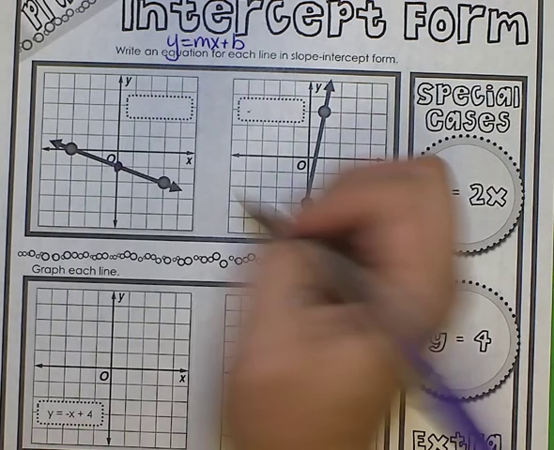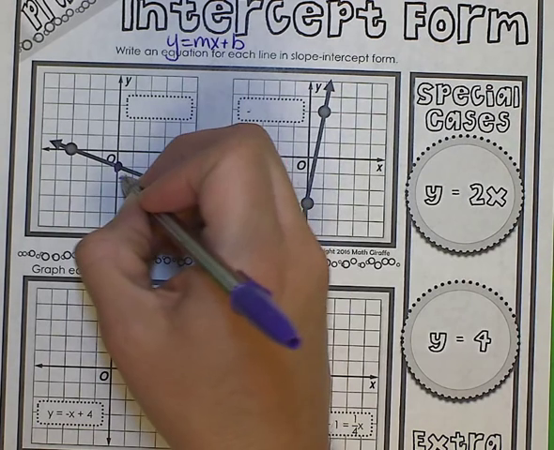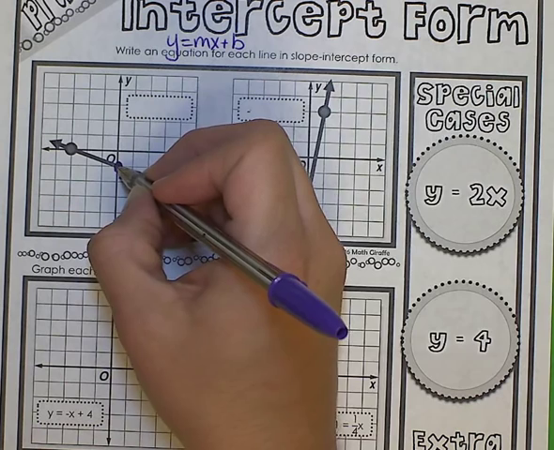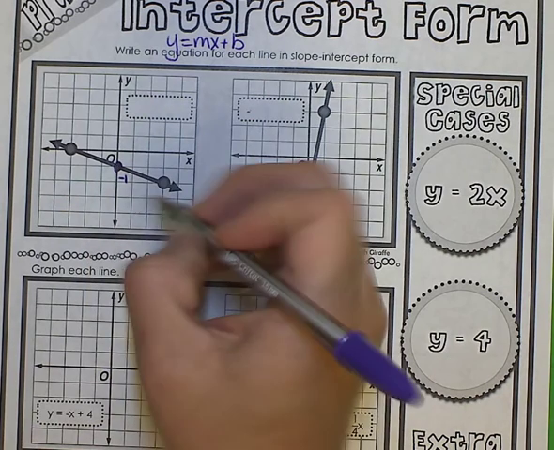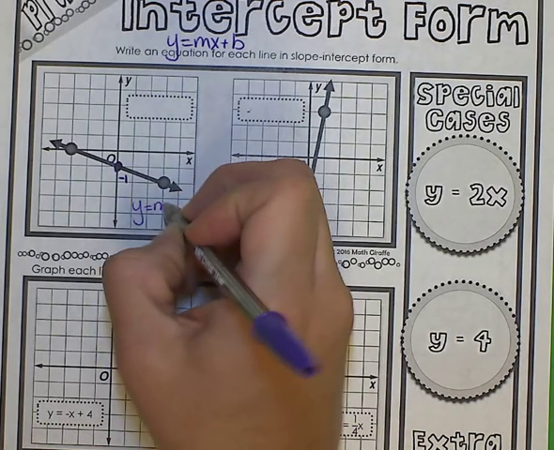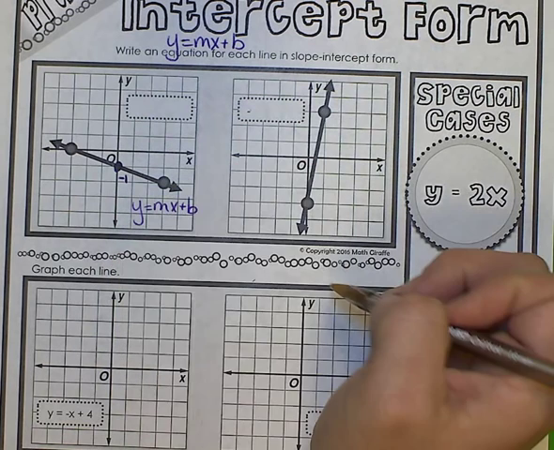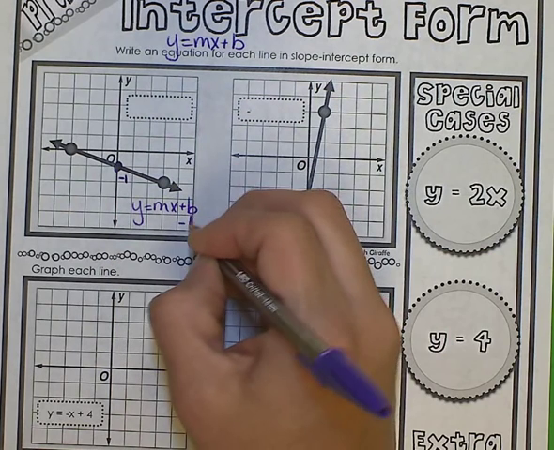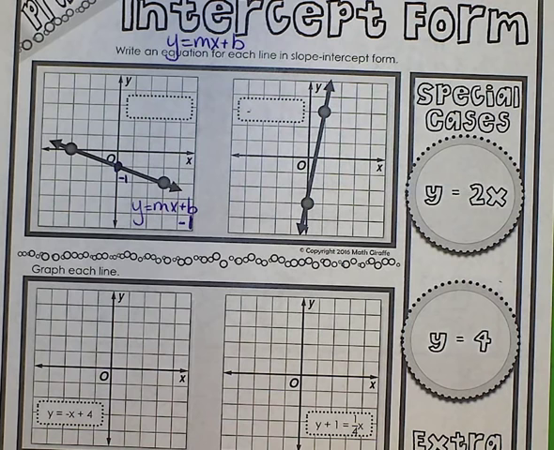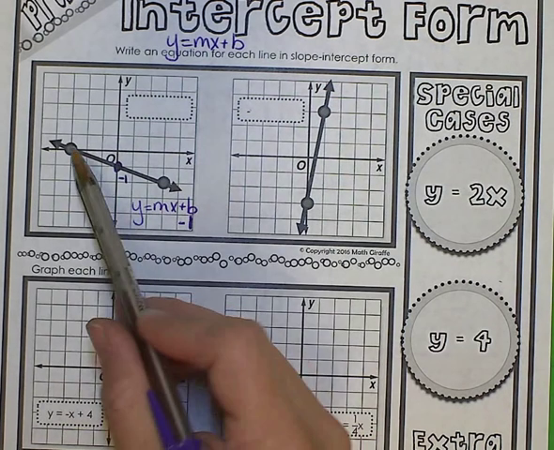That is going to be at a -1 because it's below, you went down, which means if I'm keeping this in y equals mx plus b format, then I'm going to put my -1 here at my y-intercept. Okay? And then we're going to figure out how do we get from one dot to the next.